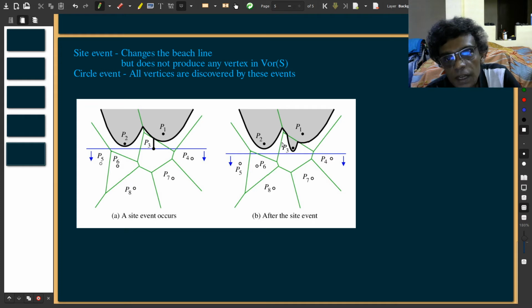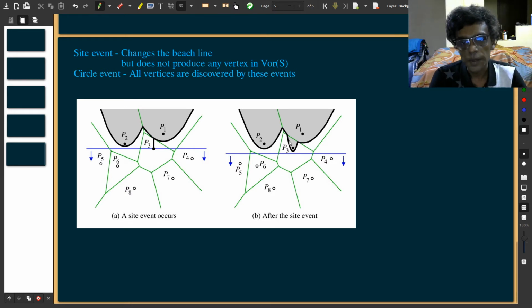And as you see, this parabolic arc now breaks the parabolic arc for P1 into two pieces, one here, another here. So these P1, P3 and P3, P1 intersection points will follow the perpendicular bisector of P1, P3. This is how the geometry looks.